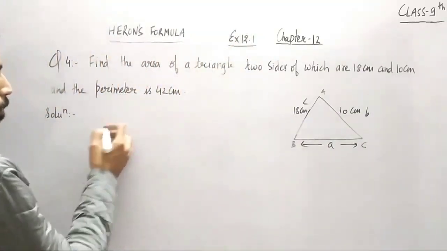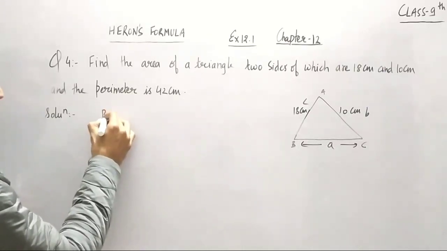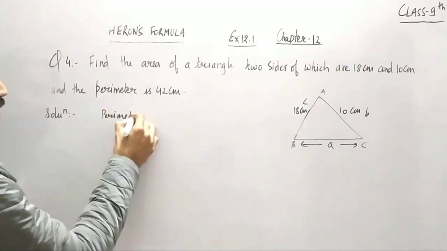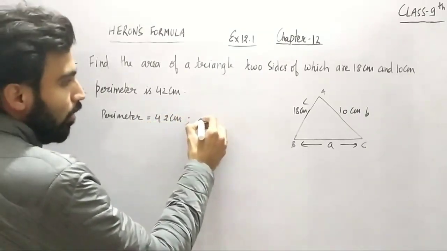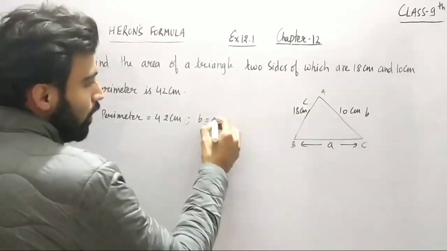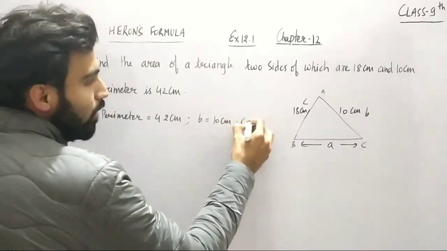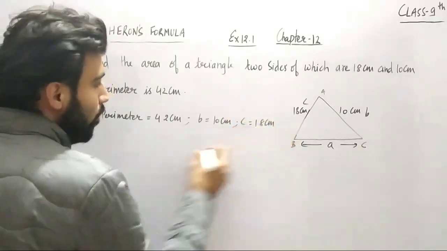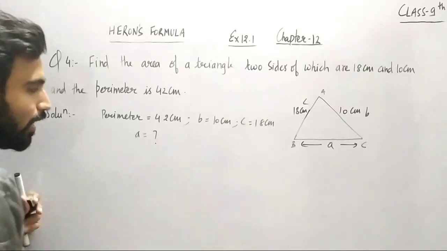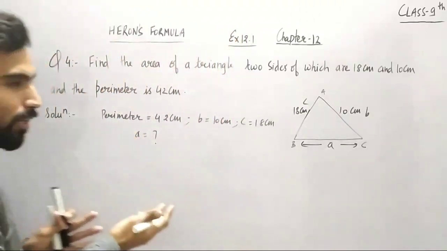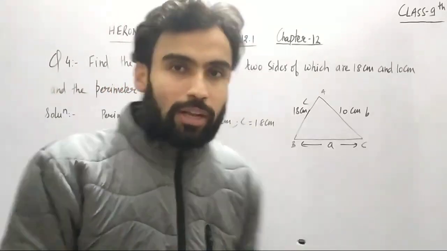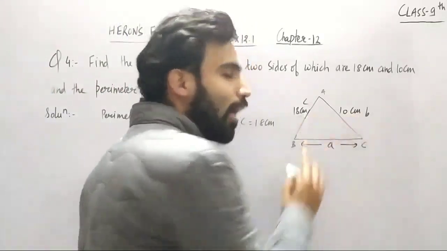Now talking about the perimeter, in this question the perimeter is given to us, 42 centimeter, right? And here you can see B is 10 centimeter and C is 18 centimeter. Now we have to find out the third side, that is A here, right? Now we know that perimeter हम कैसे calculate करते हैं किसी triangle का, simply तीनों sides को add करके, right?